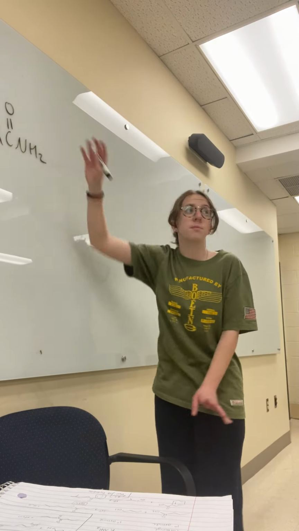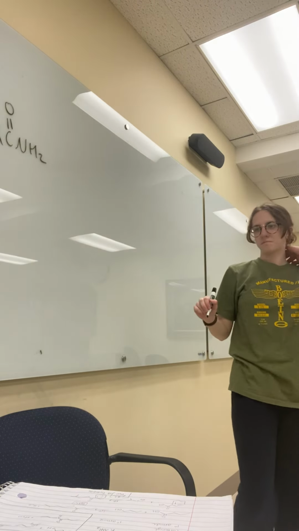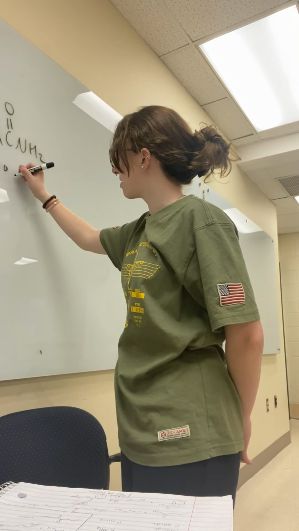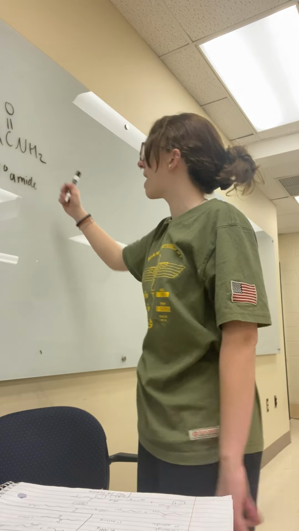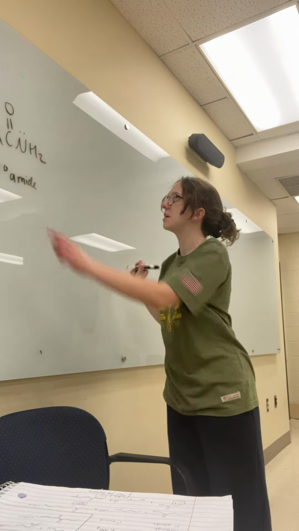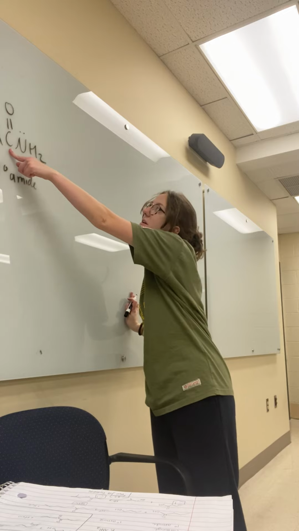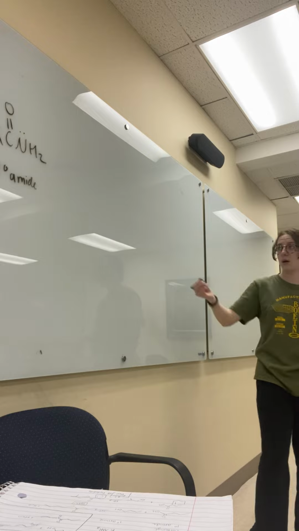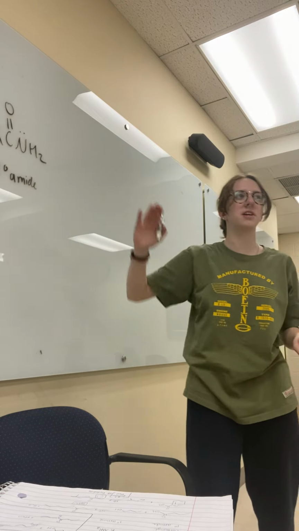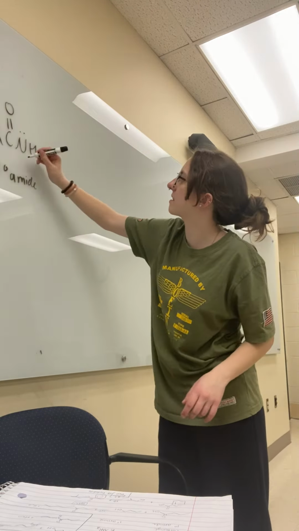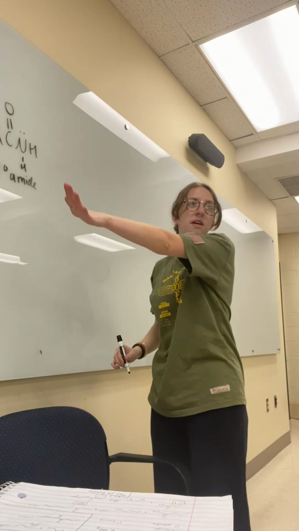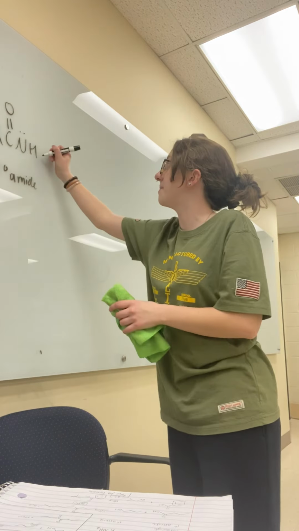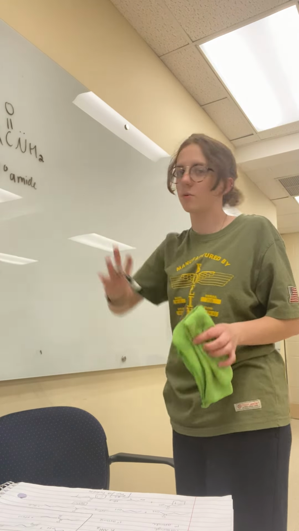Remember, these H's can be replaced with a carbon. So just this basic structure, you can tell it's primary because this nitrogen right here is only bonded to one carbon. And I know it was a question in class, do you need to draw in the lone pairs? No. If it helps you kind of visualize the way the molecule is drawn, then you can add them in, but you do not have to. I add them in subconsciously most of the time just because I like the way it looks.